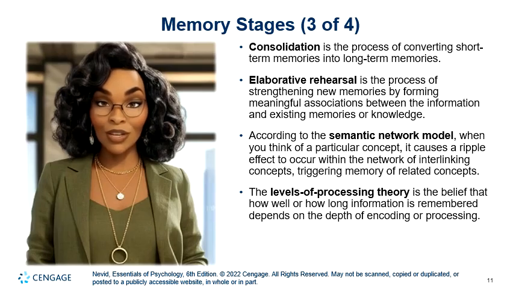But if it's going to stick around long enough to matter, Jordan from Psychology 201 who loves dogs, it needs to be consolidated. Consolidation is basically your brain's way of saying, okay, this one's important. Let's file it for long-term storage. It's the process of converting short-term memories into long-term memories, kind of like hitting save on your mental hard drive.